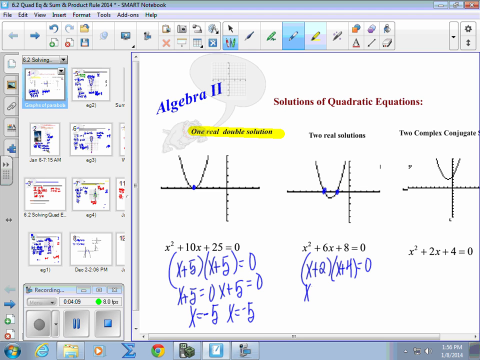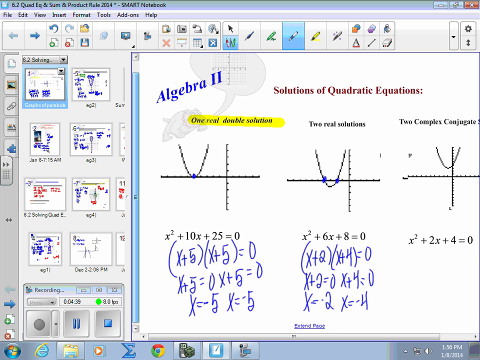We get x plus 2 is equal to 0, and x plus 4 is equal to 0. So x is equal to negative 2, and x is equal to negative 4. That's where the curve crosses the x-axis. Those are the roots or solutions to the equation. They're also the x-intercepts. That's why it has 2 real roots.